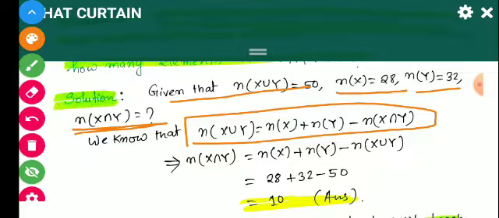Now if we take it to the other side, this will go to the left hand side. So we put the values and we got the answer 10.